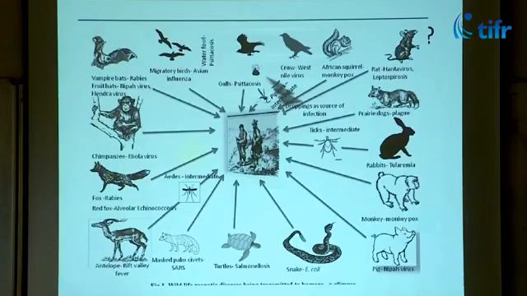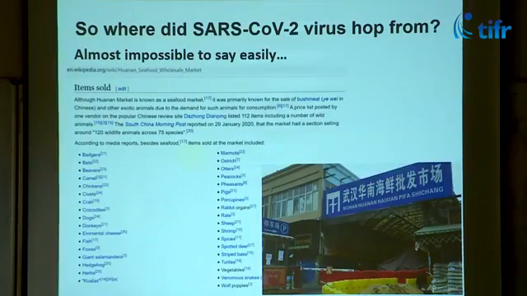So where did the SARS coronavirus hop from? We don't know as of yet, but it is speculated that it was the Hunan market, which had lots of species of animals on display for selling. So it could have traveled from any one of these animals.